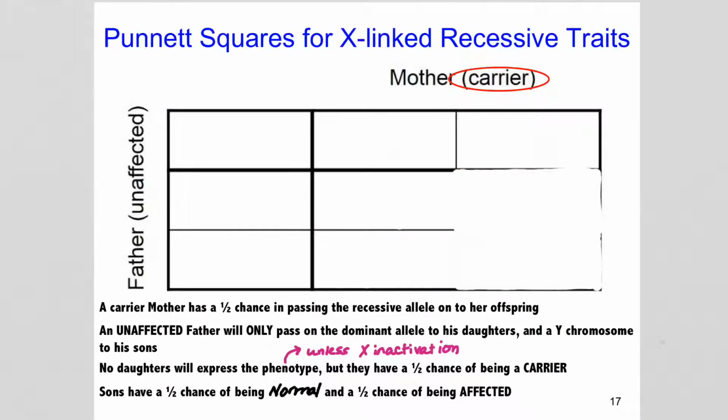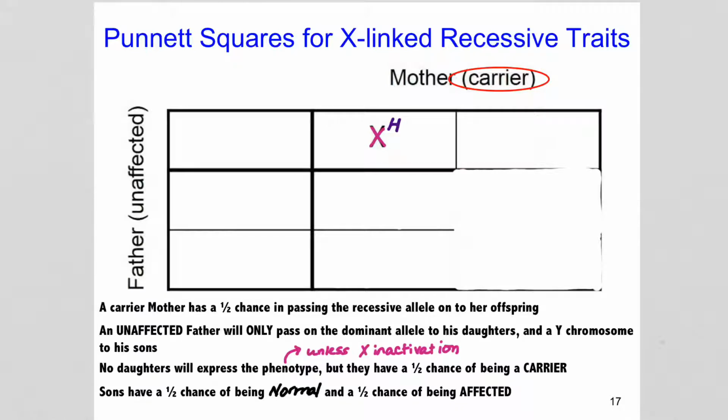So let's walk through creating the Punnett square for X-linked recessive traits. As I've already mentioned, we typically see these disorders being passed down initially from a carrier mother and an unaffected father. So if we start out like that, we know our mother is a carrier.